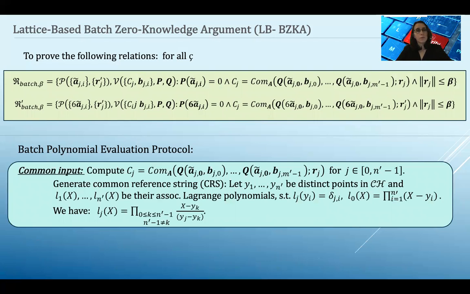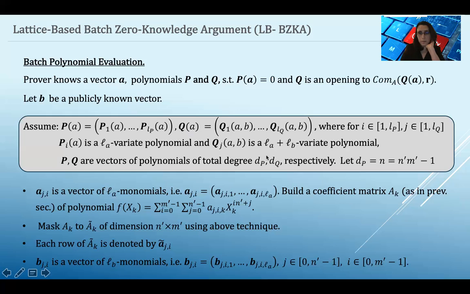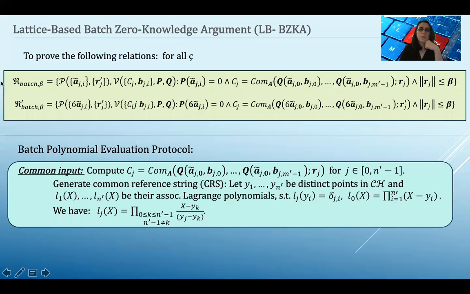And what we want to prove in this protocol are the following two relations. So for all J and I, where J is running from 0 to m' minus 1 and I is running from 0 to m' minus 1, we are defining the following two relations.